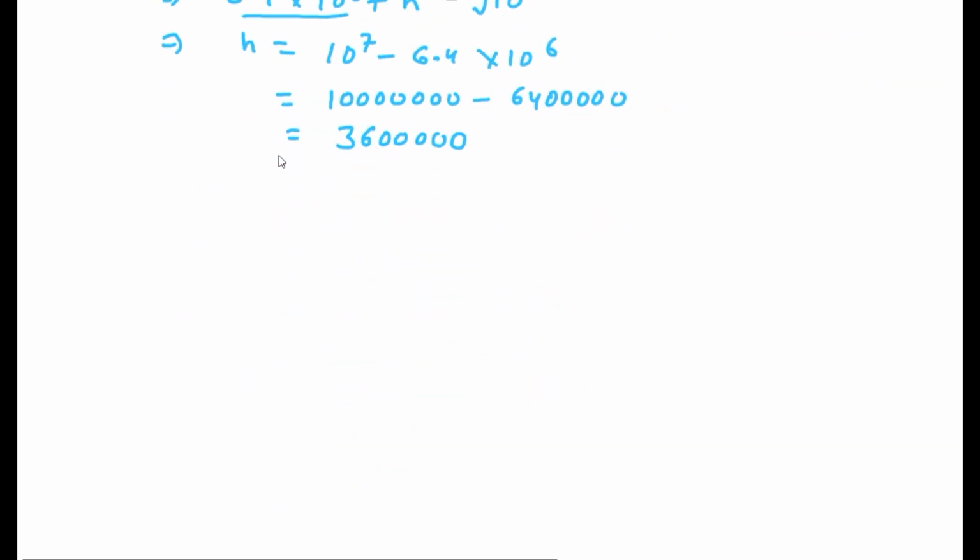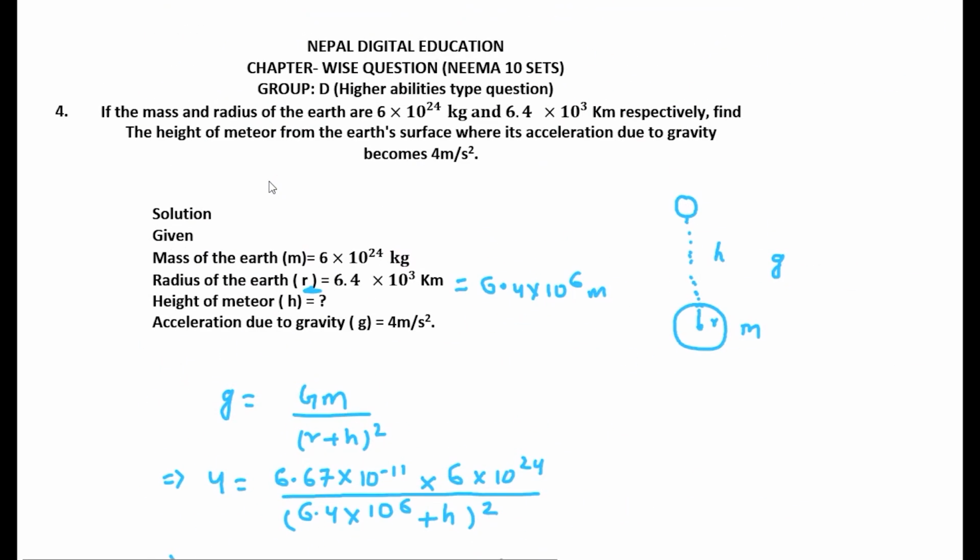So this is the required height, therefore the required height is 3600000 meter. We can also write 3600 kilometer, both are right. So this is the required height of the meteor from the earth surface.